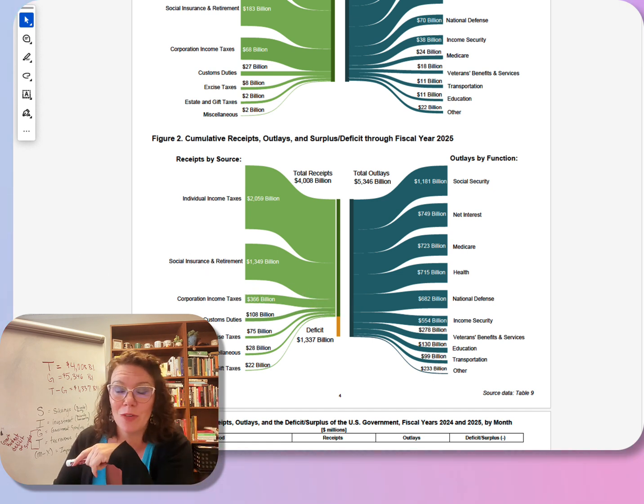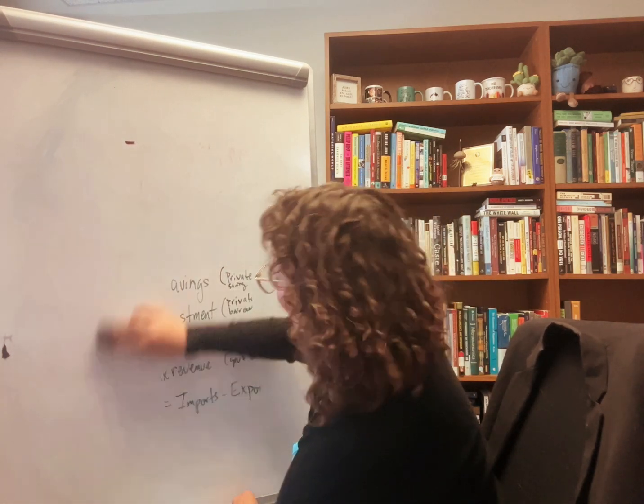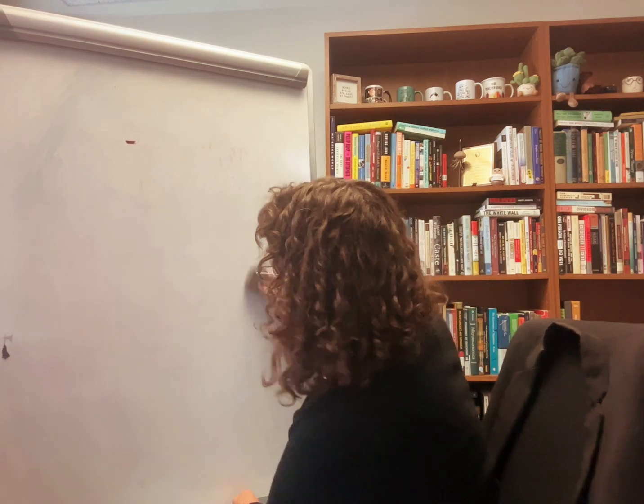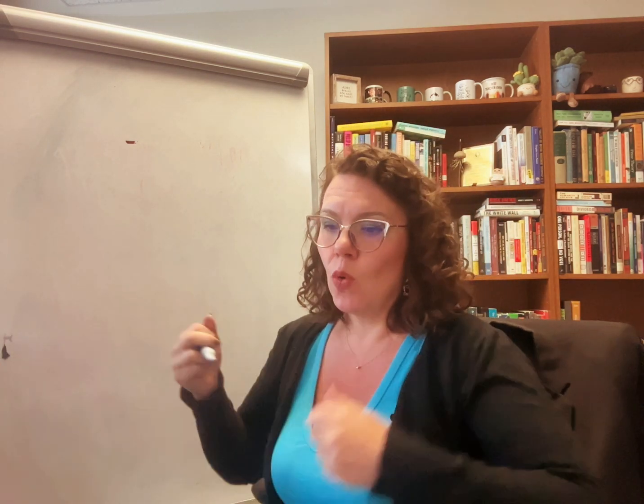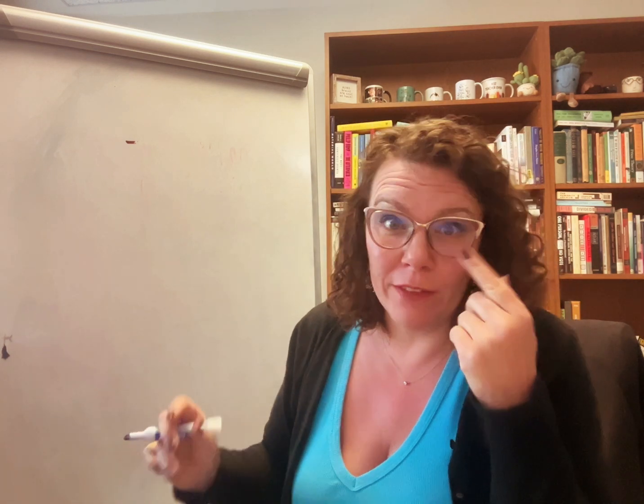Let me close this down. Hold on. So when we put these all together, what we're going to see is that because we're not in a closed system, we're not an isolated economy, we can compensate for that deficit that we tend to run or the surplus that we ran for the month of June.